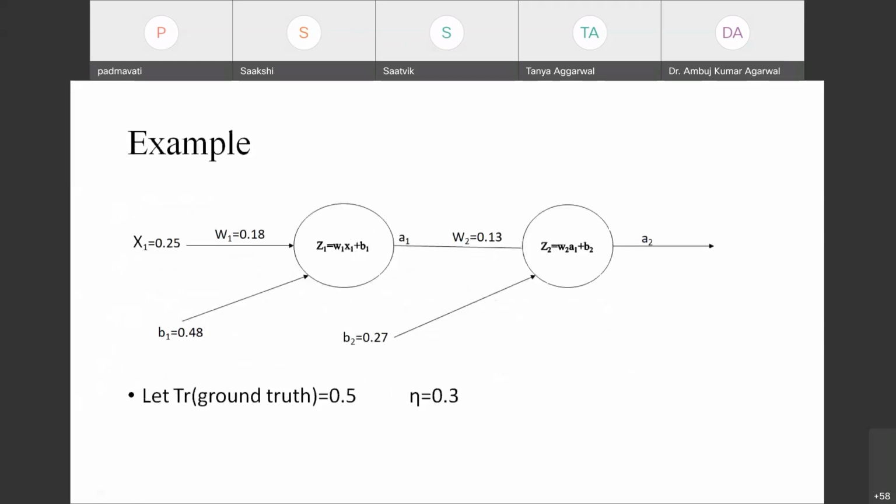Fine. Let us try to illustrate how we backpropagate, or how we try to update these W1, B1, W2 and B2 with the help of the update rules of backpropagation.